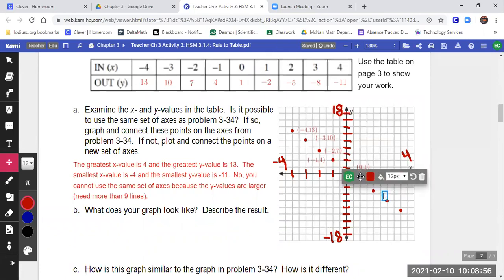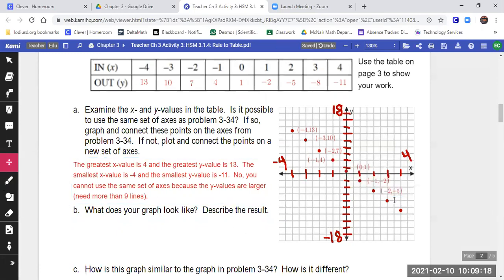Is it curved? That's something. What are some words we can use to describe what our graph looks like?